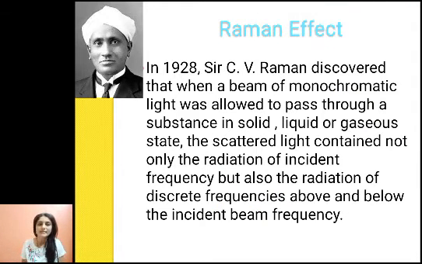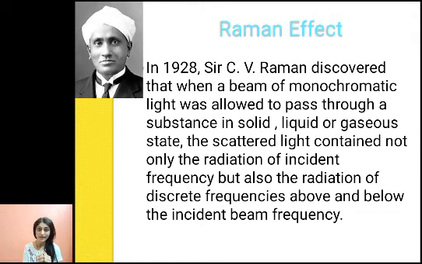Sir C.V. Raman in 1928 discovered an effect which is called the Raman effect. So what happens in the case of the Raman effect? Basically, the sample which we take may be in solid, liquid or gaseous form.